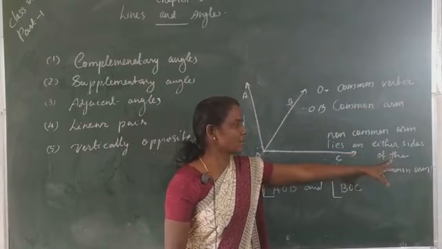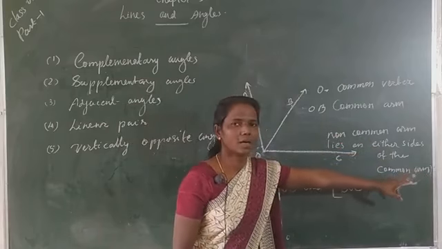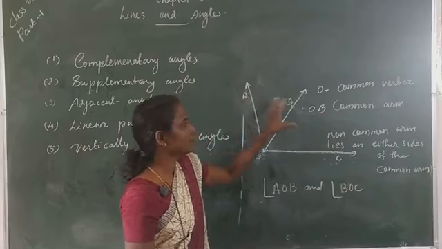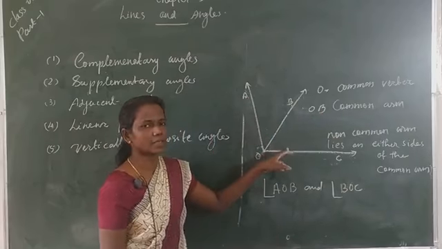The non-common arms lie on either side of the common arm. Then we can say these two angles are adjacent.